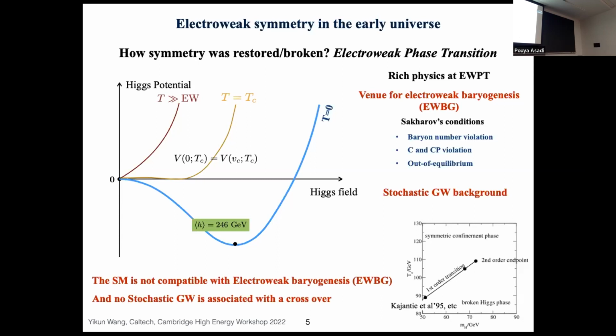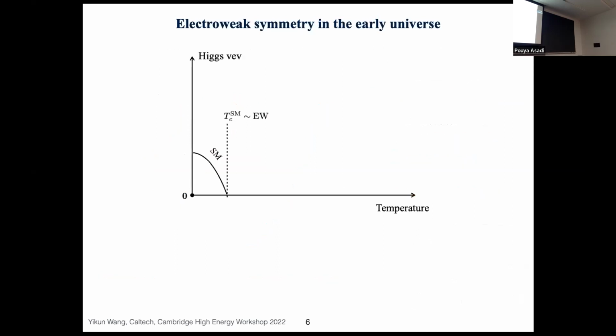That's why people have been thinking about going beyond the Standard Model. If I attach my Higgs sector with some BSM degrees of freedom, can I change the behavior here, how the electroweak symmetry was broken? Now let me change to a slightly different diagram with more information, where the axis is the Higgs vacuum expectation value as a function of temperature. You can see clearly the Standard Model picks up a non-zero vacuum expectation value very smoothly.